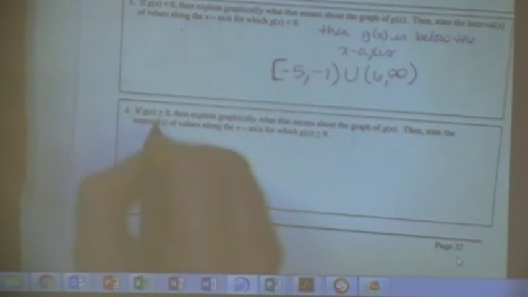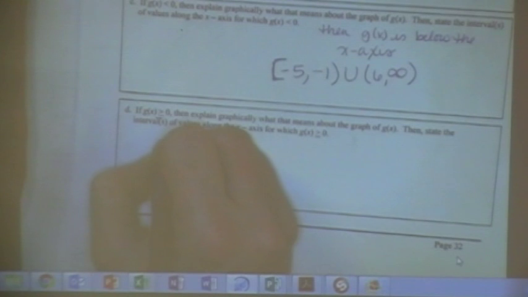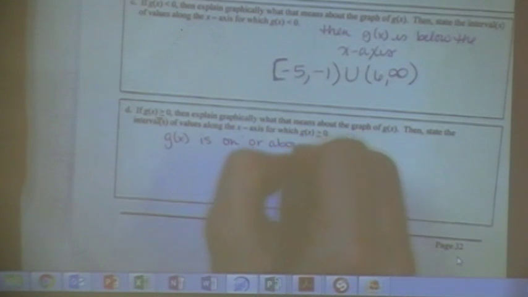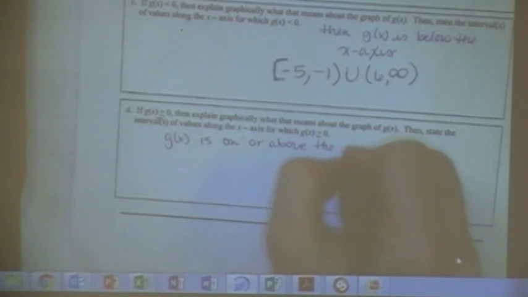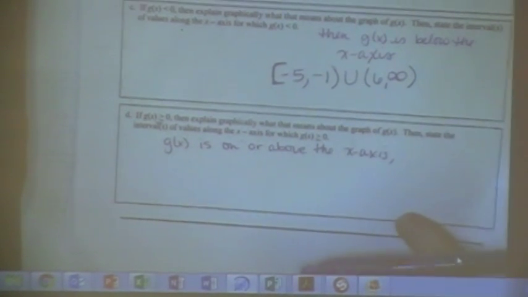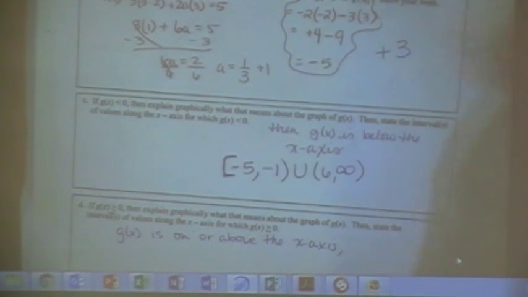And then lastly, explain graphically what it means if g of x is greater than or equal to 0. That means g of x is on or above the x-axis. They ask us to state the interval where that happens. Well, it starts here. You have to stop because of this open circle, because the graph stops there.